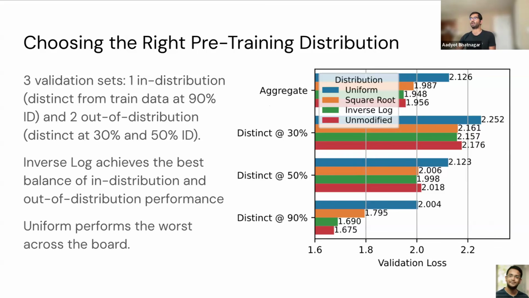For instance, if you're just training on UniRef50, this is equivalent to training on a uniform distribution. And at least for autoregressive models, perhaps the story is different for encoder models, it seems pretty clear that training on a uniform distribution really hurts your final performance. And we find that this inverse log distribution is the right middle ground here.